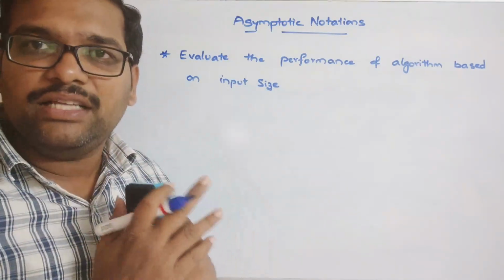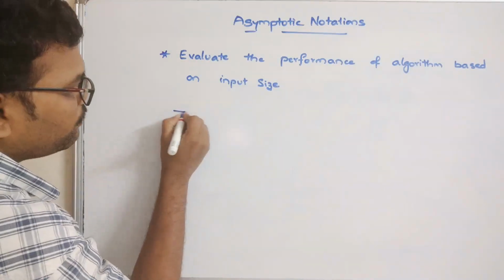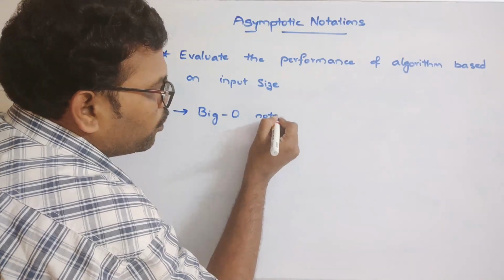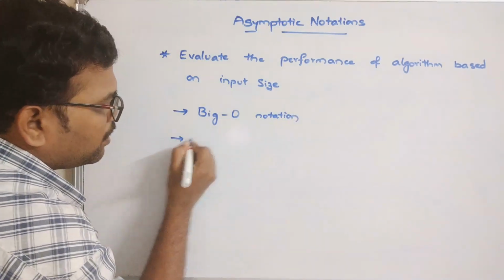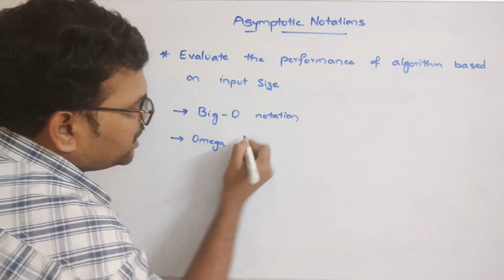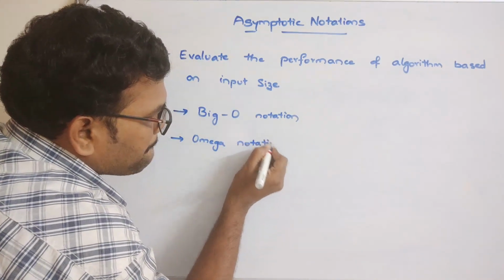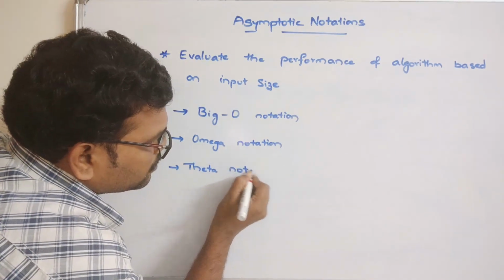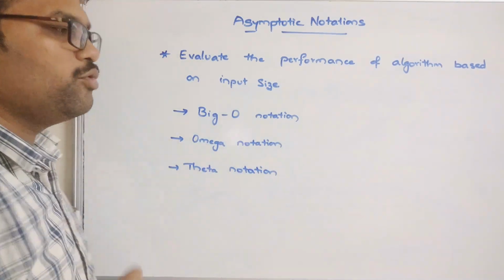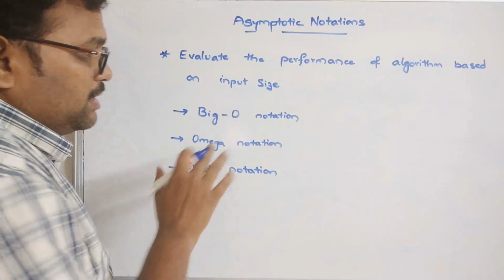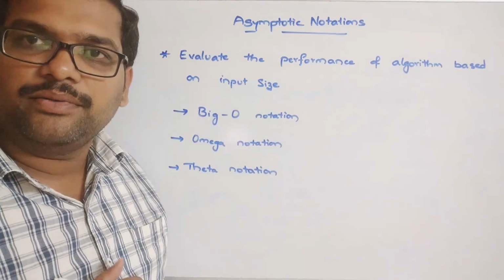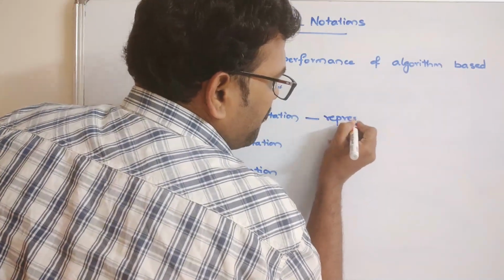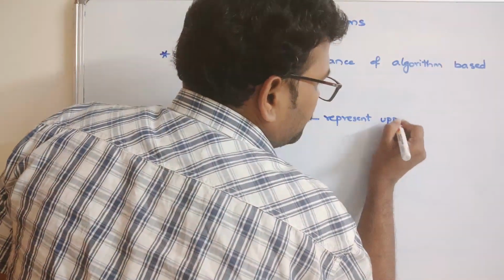So there are three categories of asymptotic notations. The first one, big O notation, omega notation, and theta notation. First let us see big O notation. Big O notation is used to represent the upper bound of an algorithm.